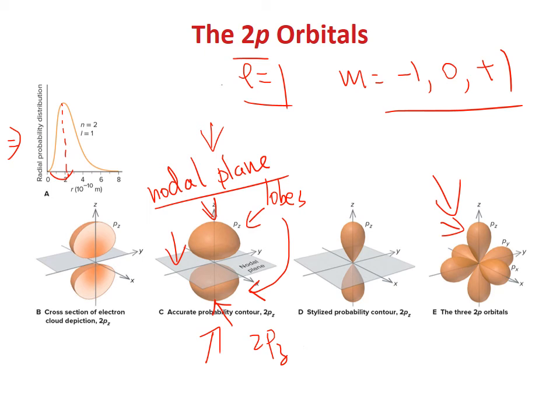And the second one is an orbital along x direction called px. Also, you see two lobes. And here, the third one is py. There are two lobes also. Now, this is a stylized probability contour that clearly shows the double dumbbell shape that is commonly seen in textbooks.